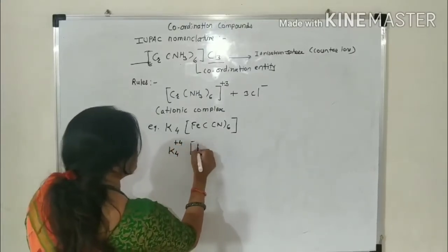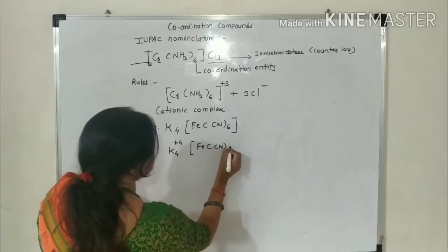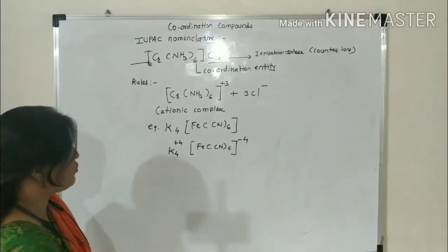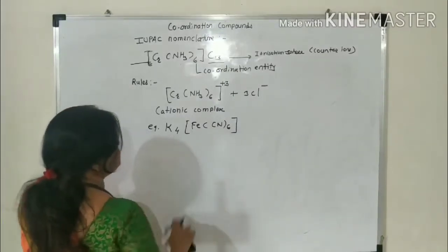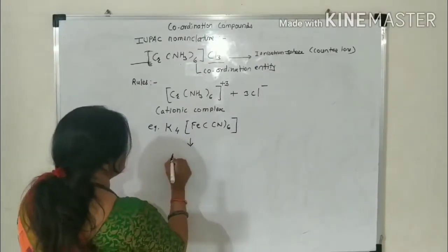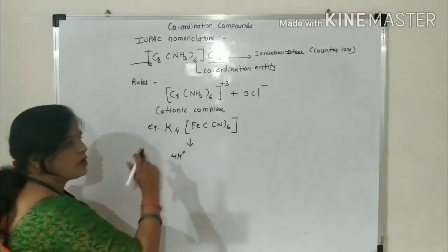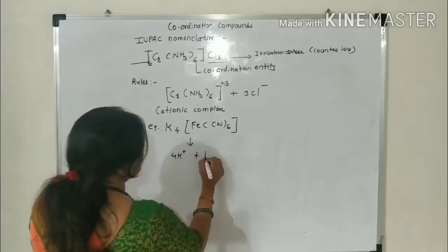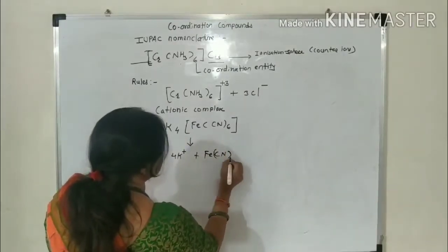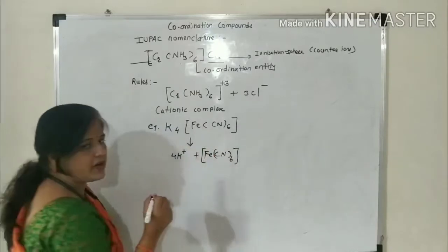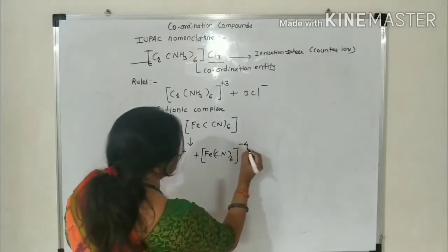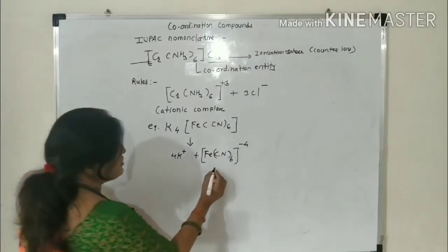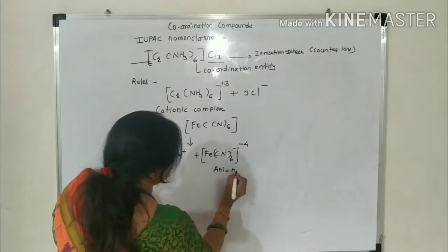Therefore the square bracket entity will carry minus 4 charge after dissolving in water, like this: 4K plus, potassium having 4 positive charge, plus Fe CN6 in a square bracket carrying minus 4 charge. This complex entity is called an anionic complex.